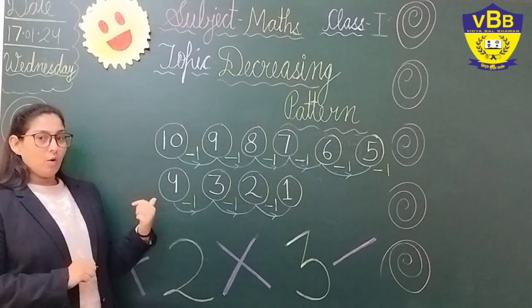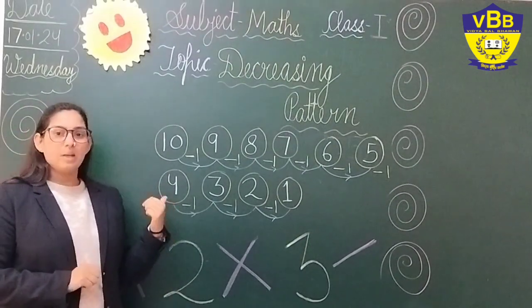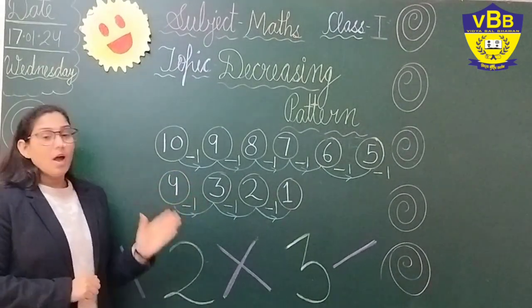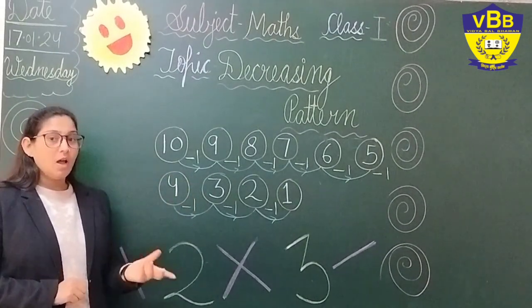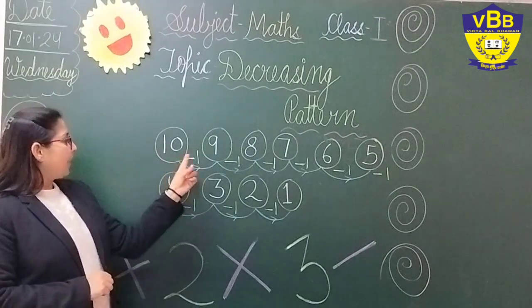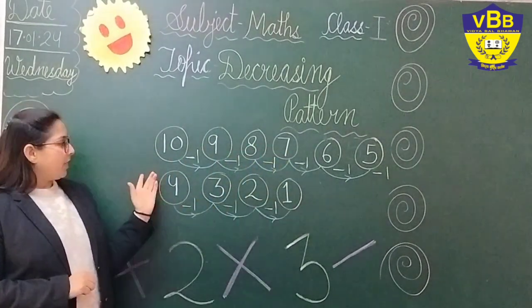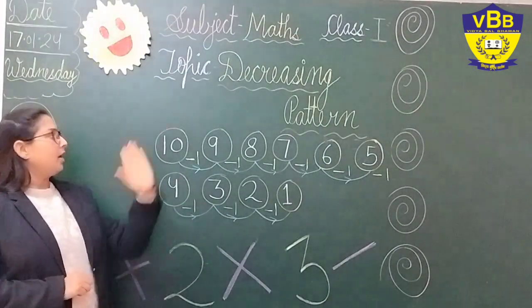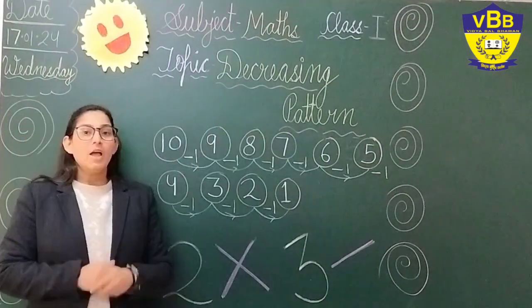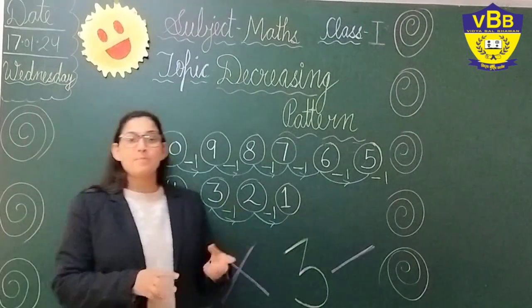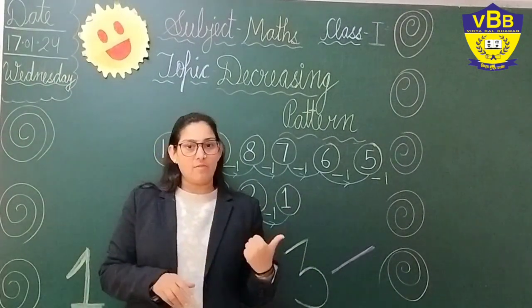Here, I am following the rule of subtracting 1 every time. You can observe what I have done: I subtracted 1 every time, and then I get the decreasing pattern. Every time we have to observe how many steps we have to take backward.